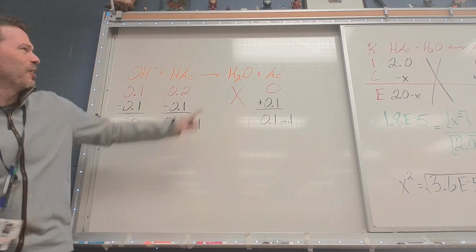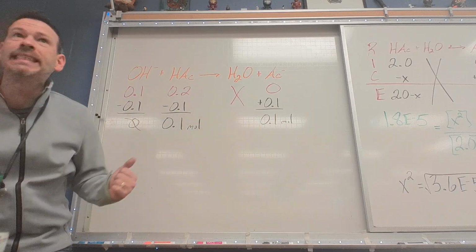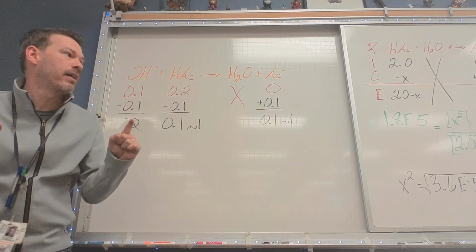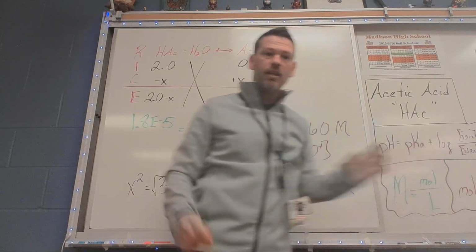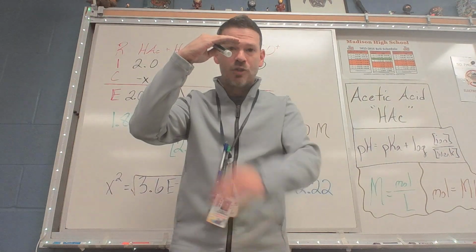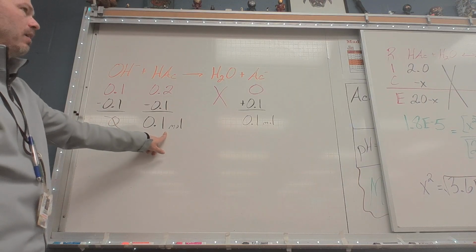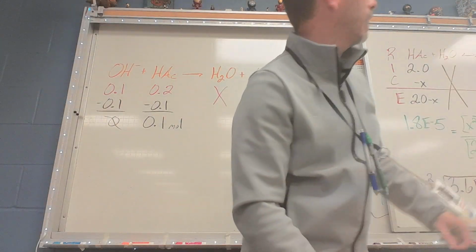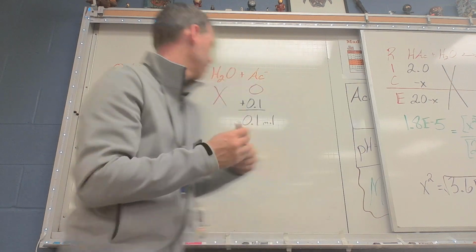It's a buffer. Because look, there's a weak acid and its conjugate, so it's Henderson. But you have to have molarities, right? Henderson requires concentrations. To find concentrations, we know that it is moles over liters. We've got moles. What's the liters? Well, if you look, it's 0.1 liters plus 0.1 liters is 0.2 liters.